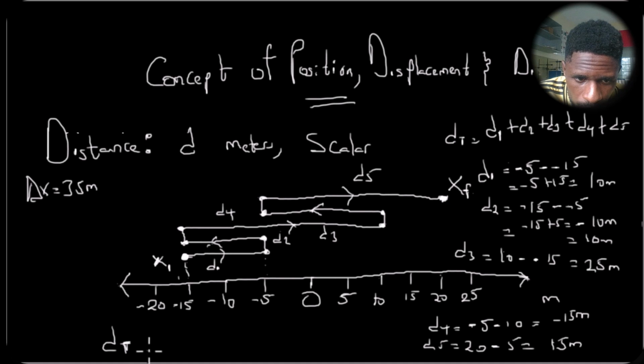So my total distance, D total, will simply be equal to D1 plus D2 plus D3 plus D4 plus D5. So this is plus, and it looks like a T, it's plus. Okay. Now, my D1 is 10.